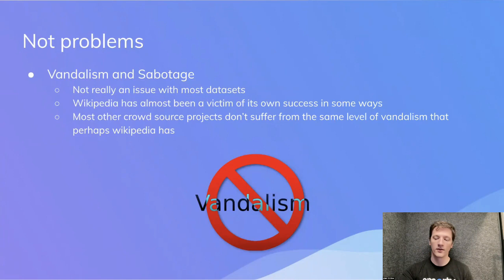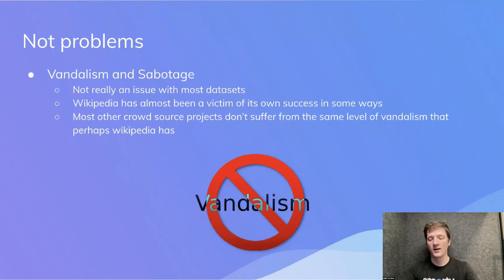This is one of the things that when people talk about crowdsourcing information is the thing that they're really worried about. And in my experience, especially with smaller repositories such as OpenStreetMap, this really hasn't been all that much of an issue. It's not something to be completely ignored, of course, but it's not as big of an issue as people make it out to be.